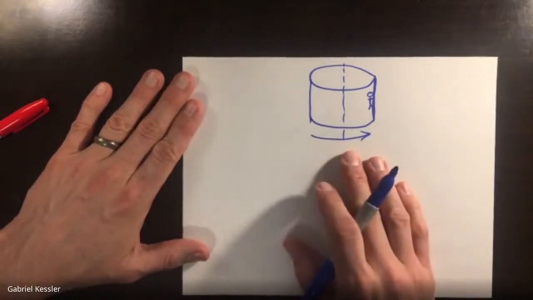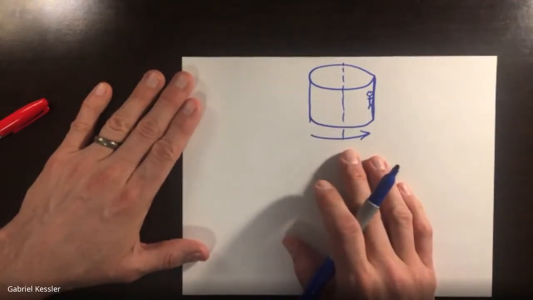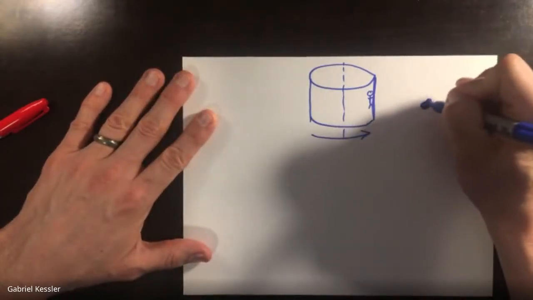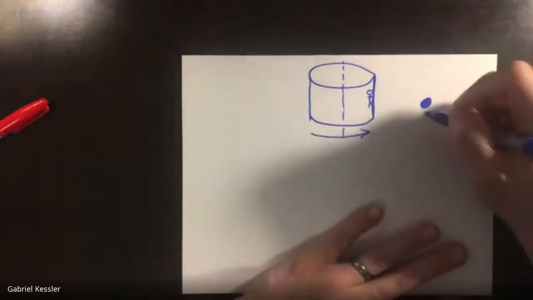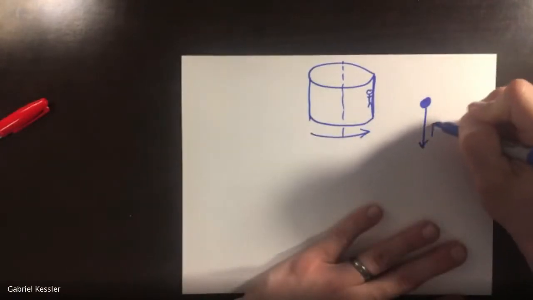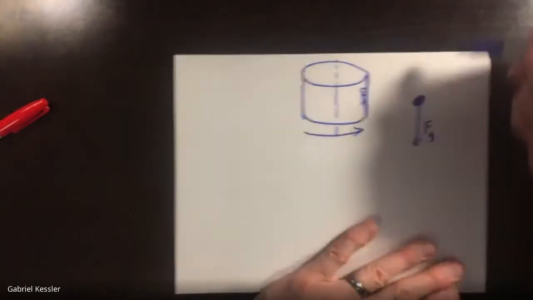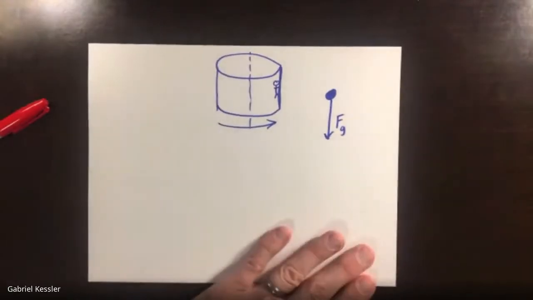So the question is, what are the forces acting on her? First off, we know there's gravity acting. Gravity's pulling down. We know that. But she's not falling. She's not accelerating in the vertical direction.